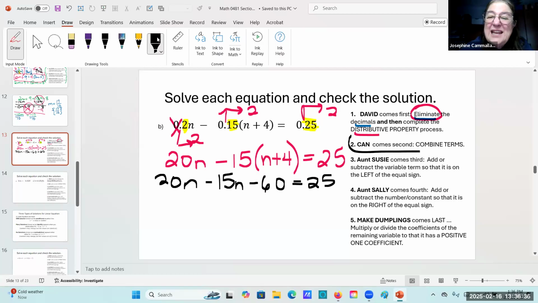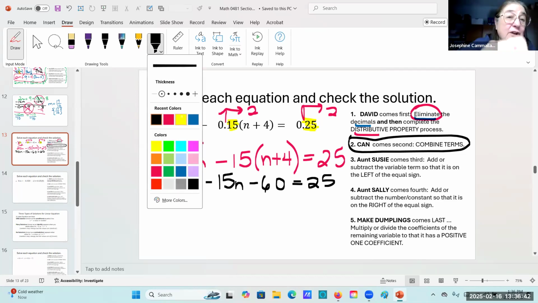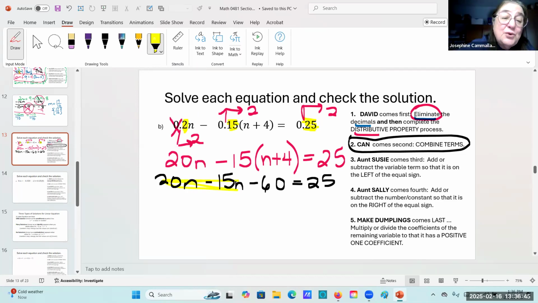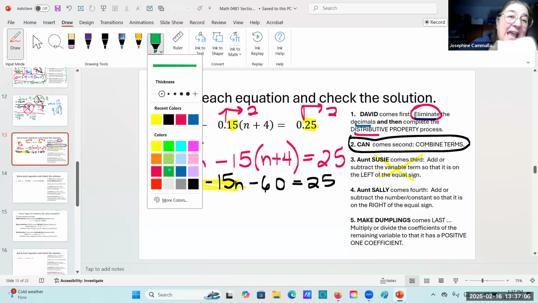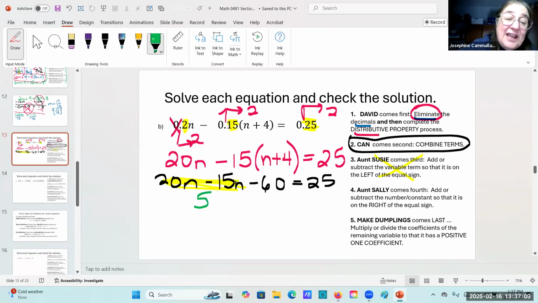Now, we haven't seen this step in the last couple of slides, but you're going to notice these 2 terms are on one side. And because they're on one side, and I wrote this purposely, I'm not going to deal with Aunt Susie because I have only one term. This step 3 gets canceled because I now have 5n minus 60 is equal to 25.